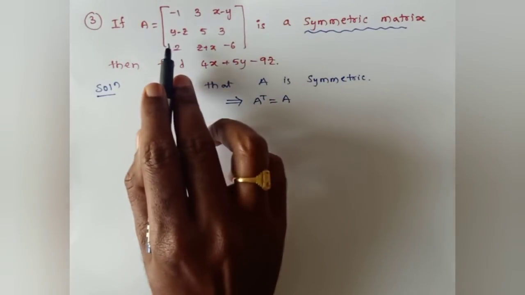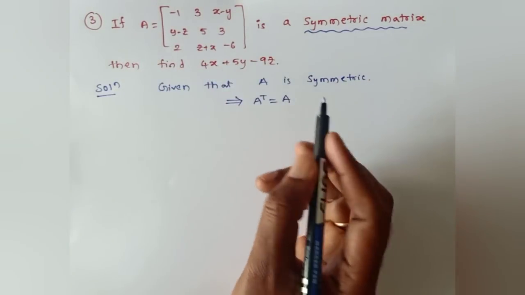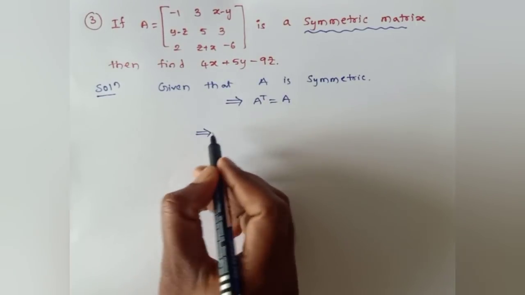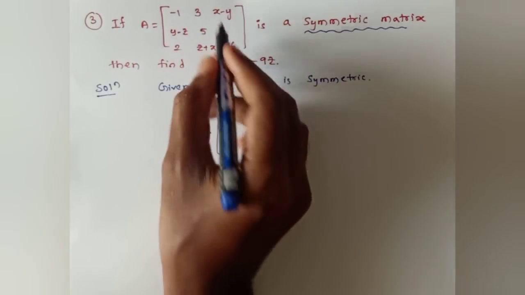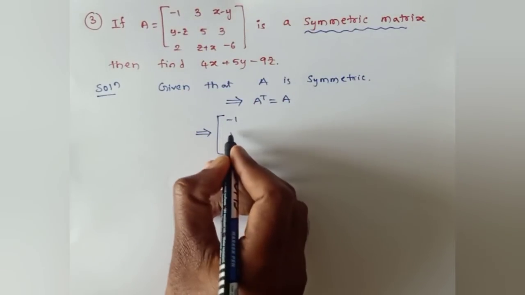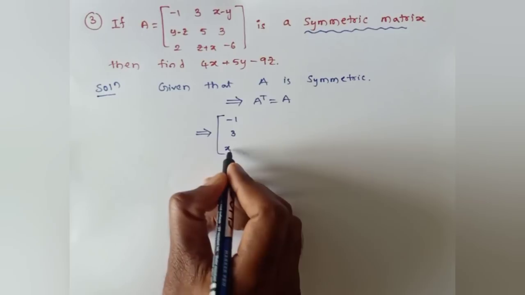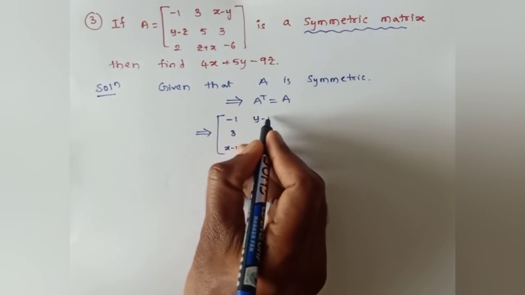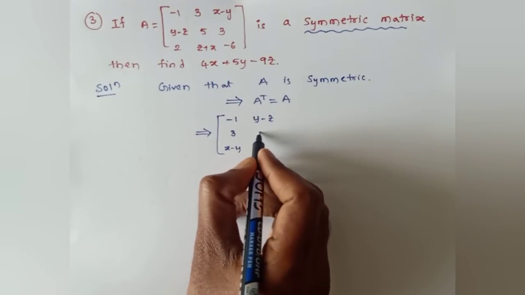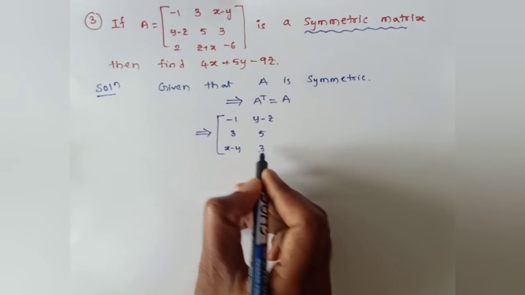So here A is there, and you know how to evaluate A transpose. This implies, apply the transpose to the given matrix. This row becomes a column: minus 1, 3, x minus y. The second row becomes the second column: y minus z, 5, 3.